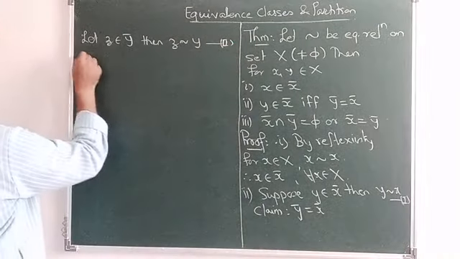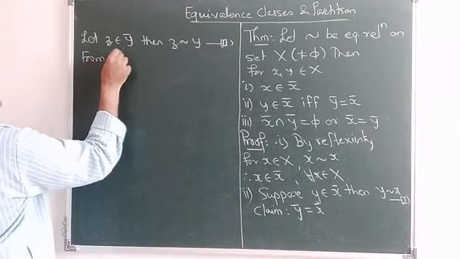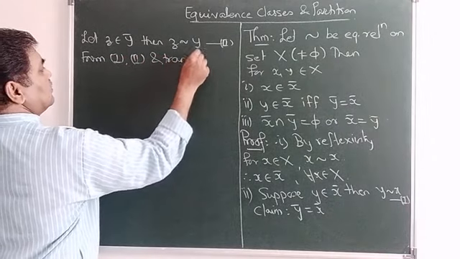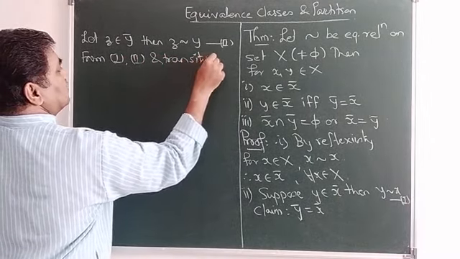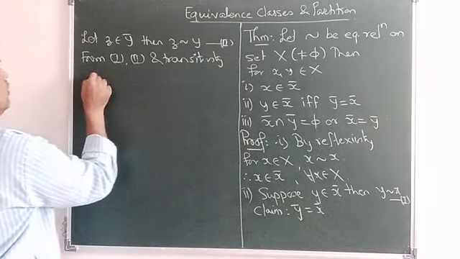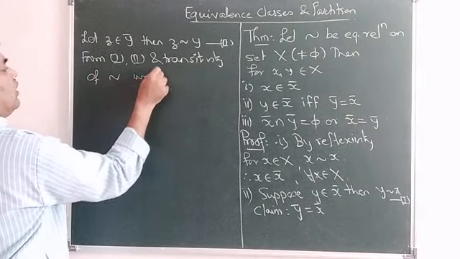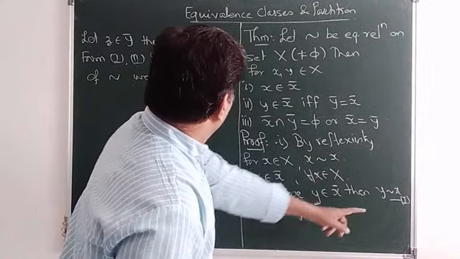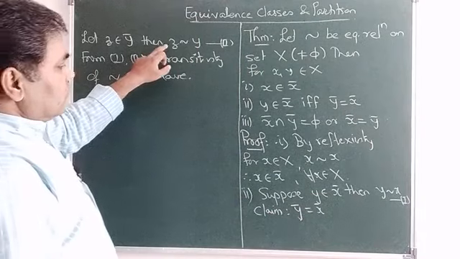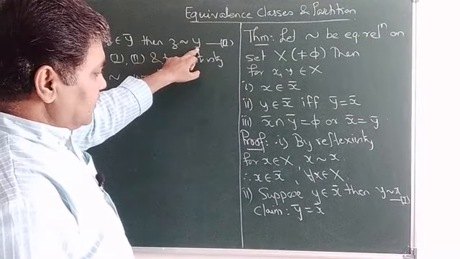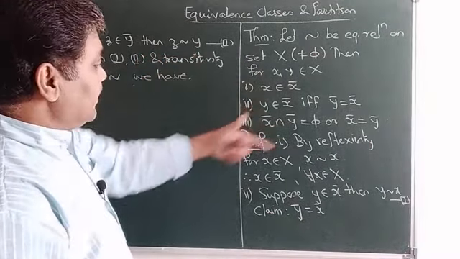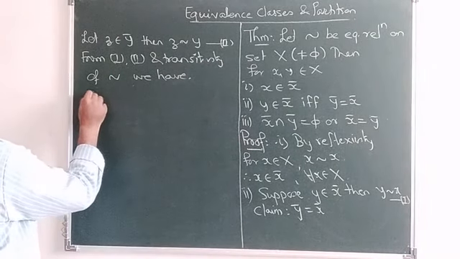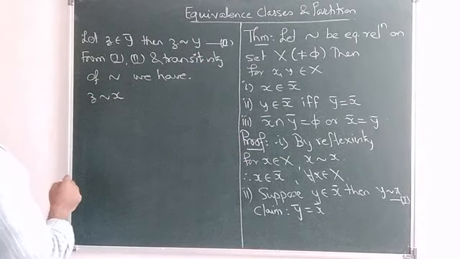So from 1, 2 and transitivity of tilde, we have y is related to x, z is related to y, so z is related to x.